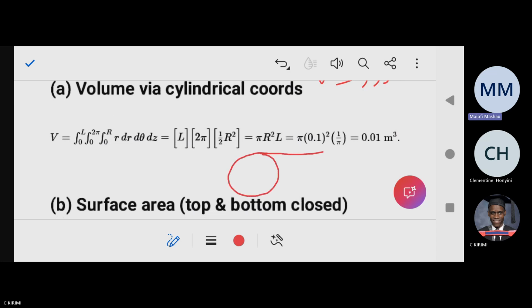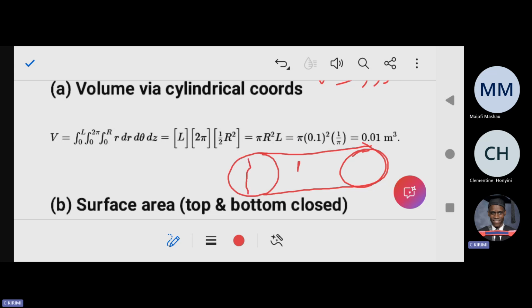Can I ask, how did we get those limits, the ones ranging from 0 to L, 0 to 2 pi, and 0 to R? This is your L, isn't it? The length of the cylinder.